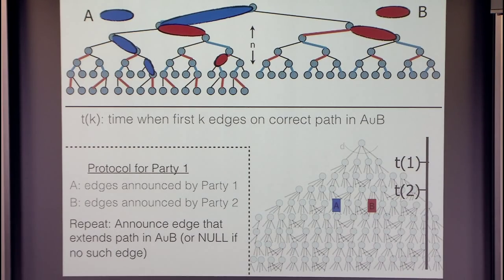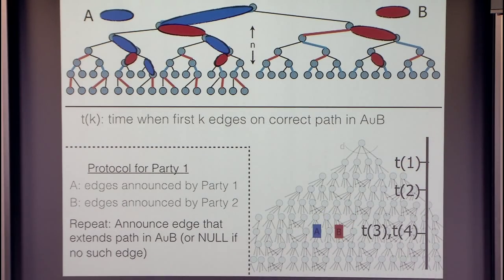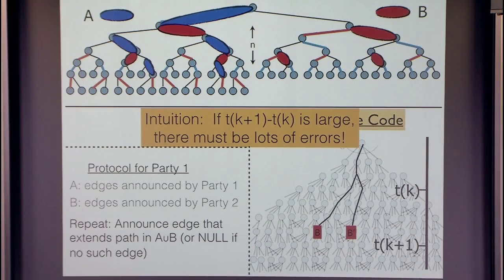But this is not yet T3 because one of the parties announced the fourth edge. But when all of the first 4 edges have been announced, that's when T4 happens. Okay, so in general, TK is the time when all of the first K edges have been announced by both parties.